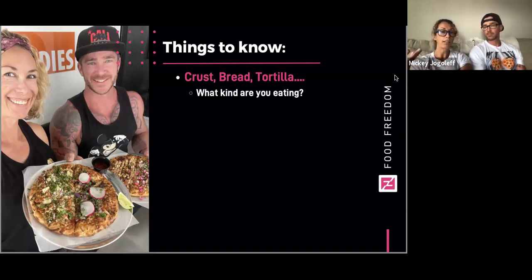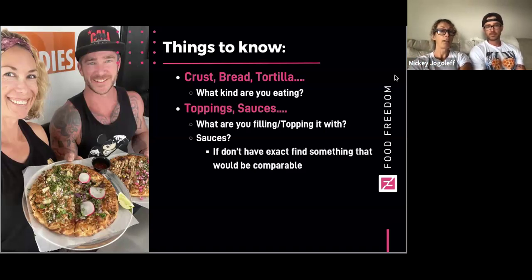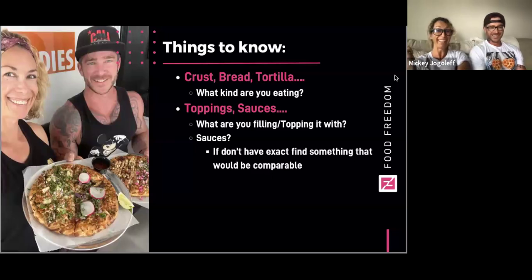A deep dish crust versus a crispy thin crust are going to be massively different, right? Same thing with bread, even tortilla sizes. Toppings: what are you filling it with? What are you topping it with? Are there any sauces? Pesto sauce is vastly different in calories and macronutrients than red wine vinegar, right?